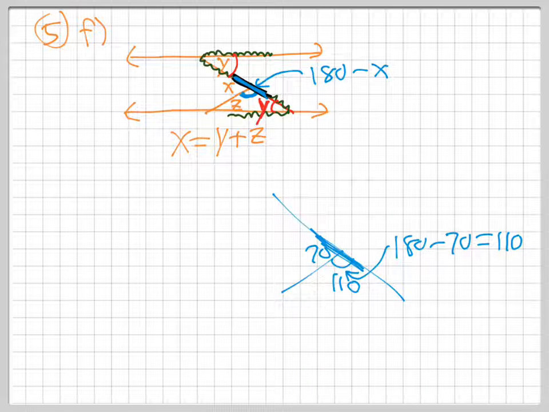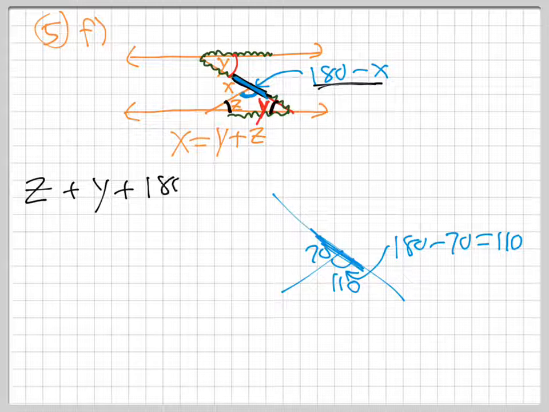I see it. But what is all that going to do for me? Well, now I have the three angles inside that little triangle, so I can add those three up to be 180. There are several steps to this one. The z, right here, plus the y, this one, plus that top one. What's the top one? 180 minus x.